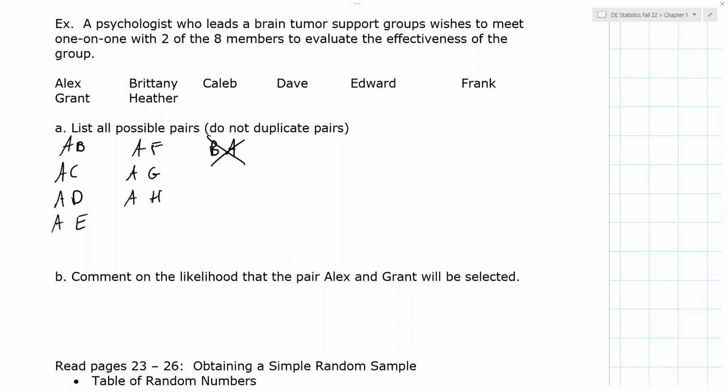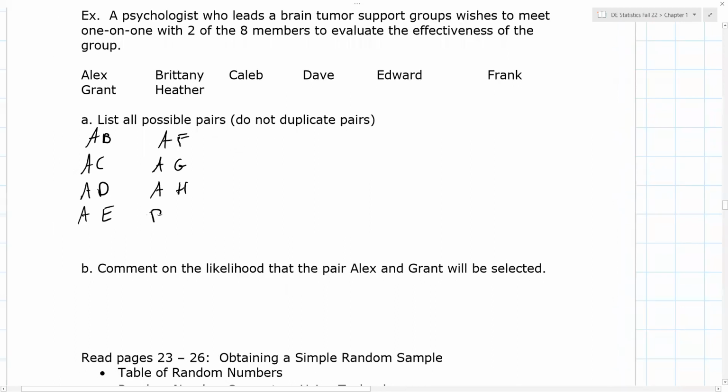So we're not going to duplicate that answer, which means we're going to start out with Brittany and Caleb. And then Brittany and Dave, Brittany and Edward, Brittany and Frank, Brittany and Grant, Brittany and Heather. And we're going to continue doing this for all of our examples.